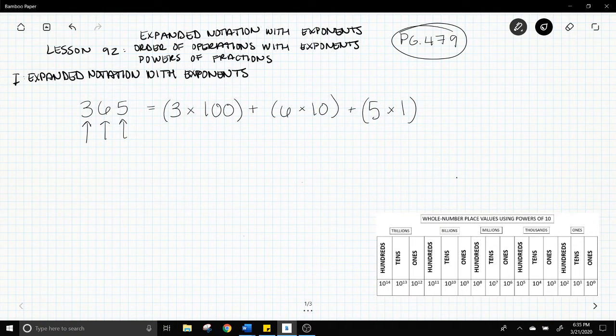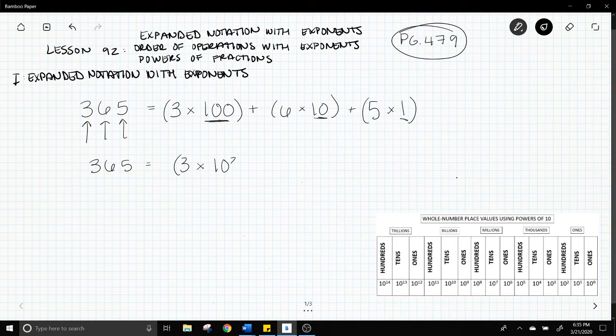But today we're going to write our powers of 10 with exponents. So in this case, we're going to look at the same number, 365. Instead of writing 100, we're going to write 10 squared. So 10 to the power of 2, or 10 times 10 is 100, so we're just going to write it this way. 6 times 10 to the power of 1, and then 5 times 10 to the power of 0.